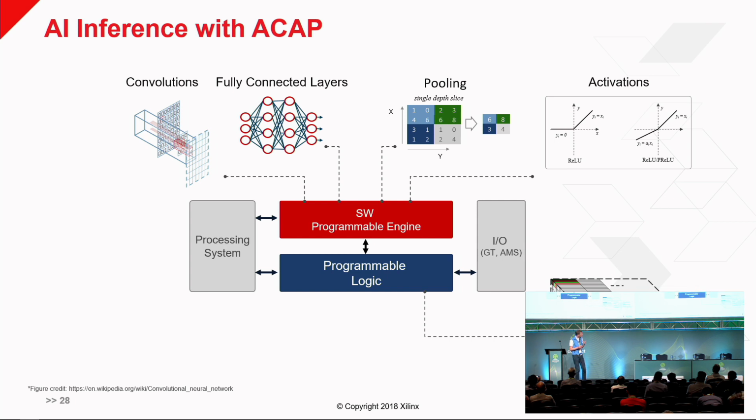And then we build custom memory hierarchies for different tensor stores and also tensor reshape operations into the programmable logic, because that's where you really need the bit-level access. So that's a preview of what these overlays will look like for the ACAP generation.